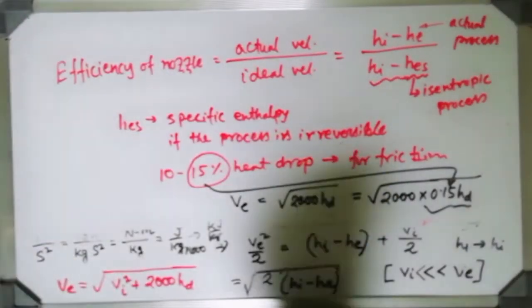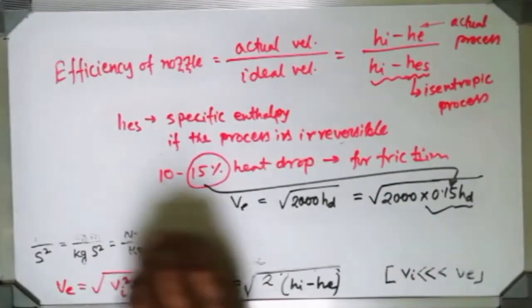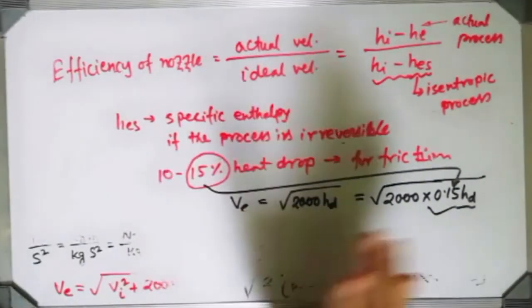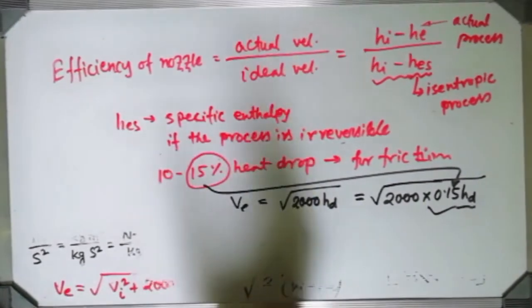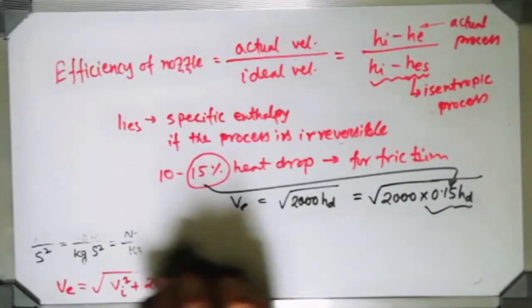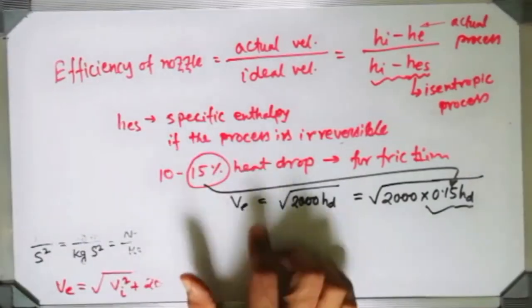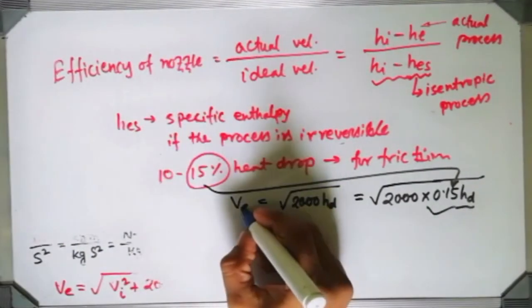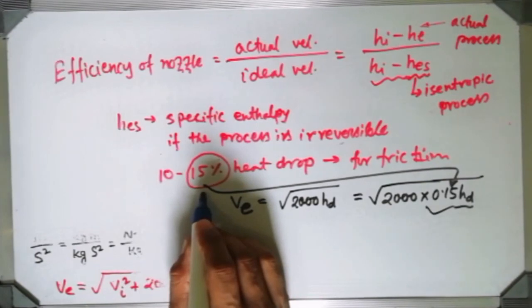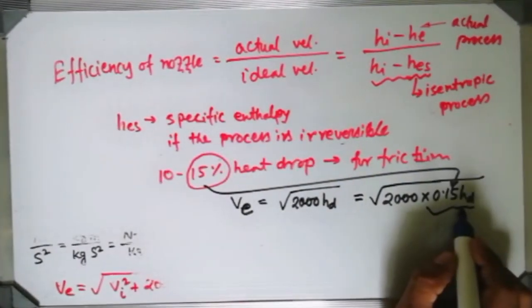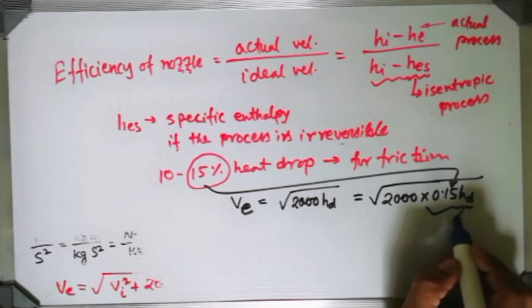Why is this 15% coming there? Because suppose in the problem it is given 15% heat drop inside that nozzle. That is the actual incident that occurs. Then while you are finding the exit velocity of the nozzle, that amount of heat drop will be counted over there, and that HD is nothing but HE minus HI.